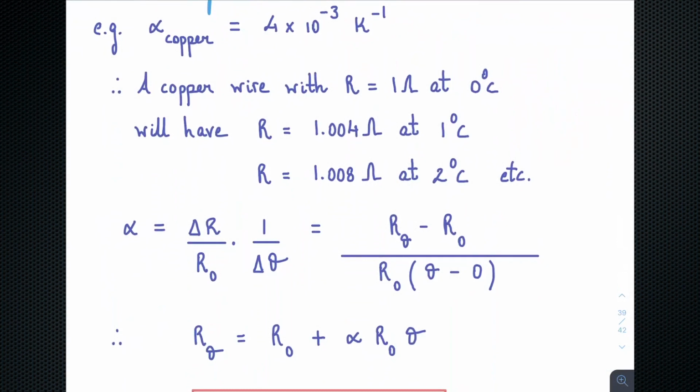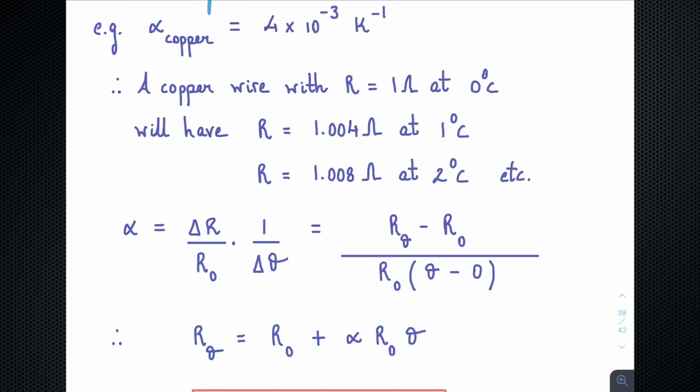It means that a copper wire having, say, a resistance of 1 ohm at 0 degrees will therefore have a resistance of 1.004 ohms at 1 degree centigrade, a resistance of 1.008 ohms at 2 degrees centigrade, and so on. So that is the meaning of this number here. It shows us by how much the resistance will increase per unit rise in temperature.